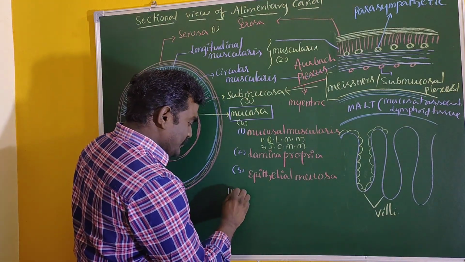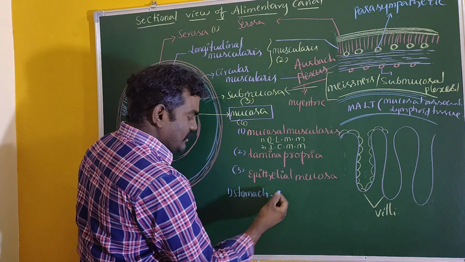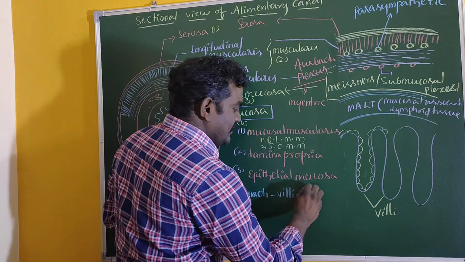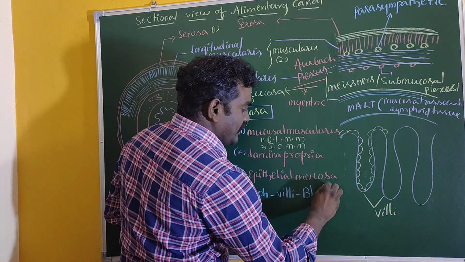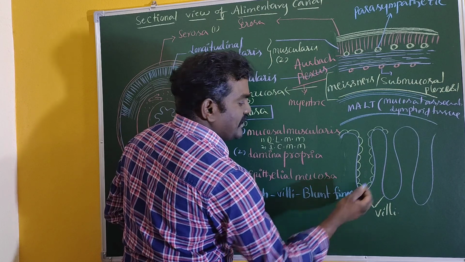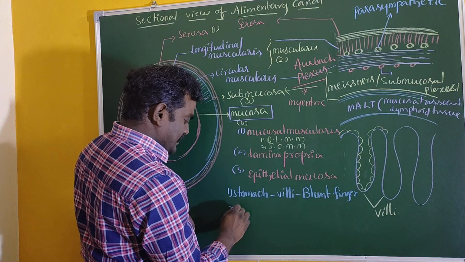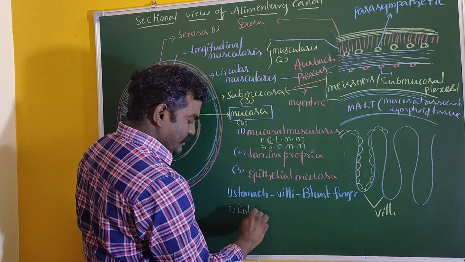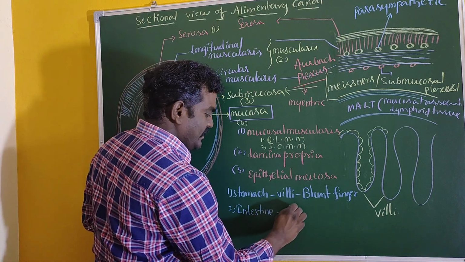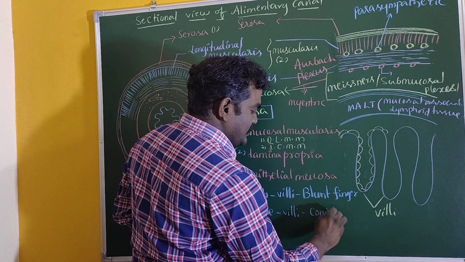In the stomach, villi appear like blunt finger-like projections. Whereas in the intestine, villi appear in a conical shape.